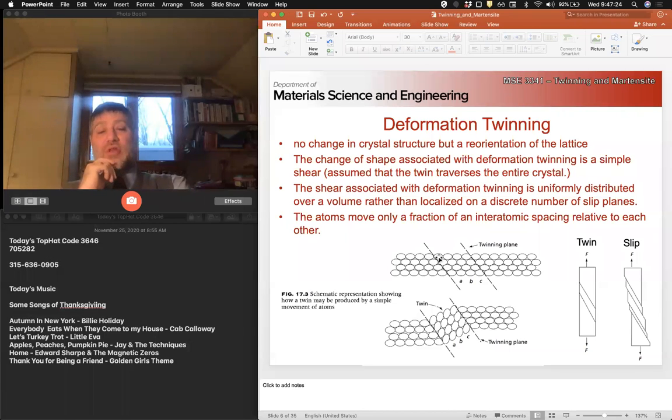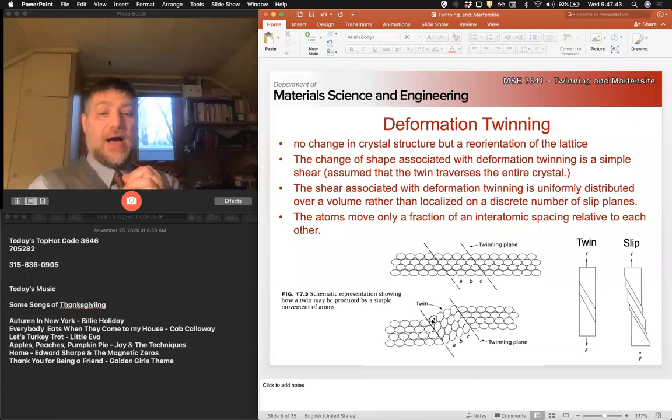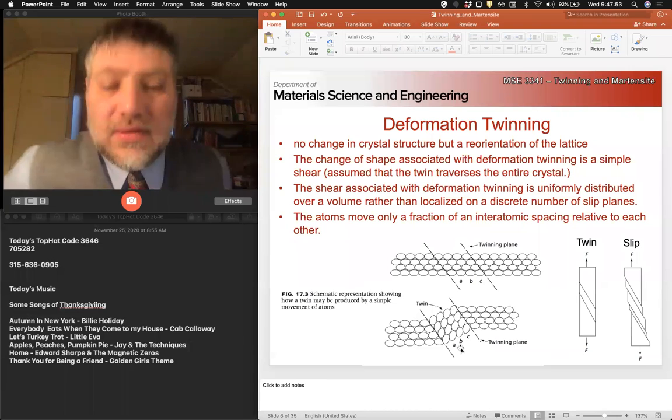So instead of their long axis being parallel to this plane, now in this region, we have the short axis parallel. The neighborhood hasn't changed, right? The relative position of the atoms has only shifted a small amount next to its neighbor. But overall, we have a very large amount of shear here.